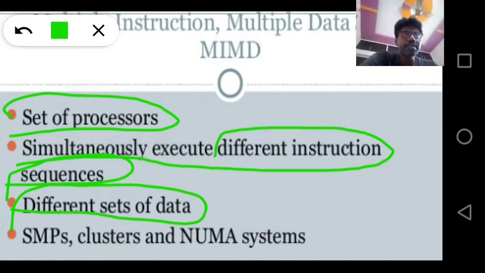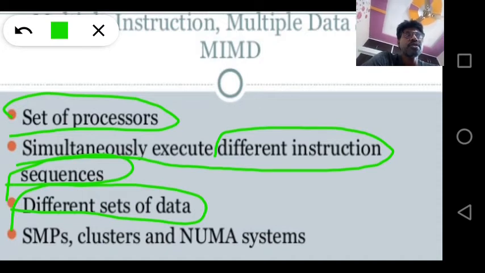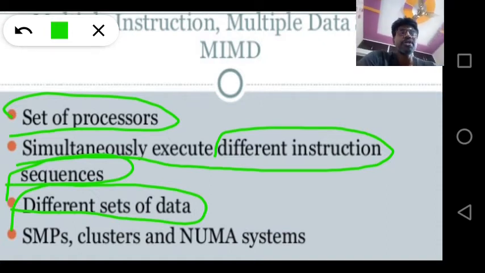In SIMD, the same instruction gets executed on multiple data, but in MIMD, different instructions are executed by different processors on different sets of data. So SMPs, symmetric multiprocessors, clusters, NUMA systems, these are examples of multiple instructions and multiple data stream, which is again the most popular one.